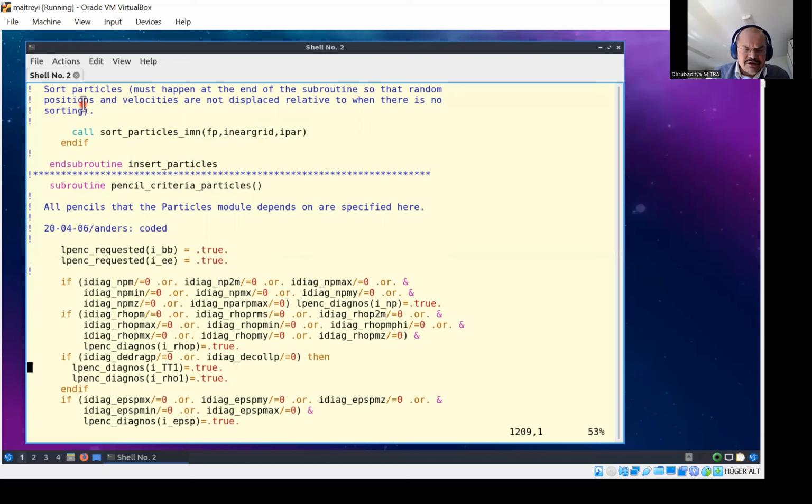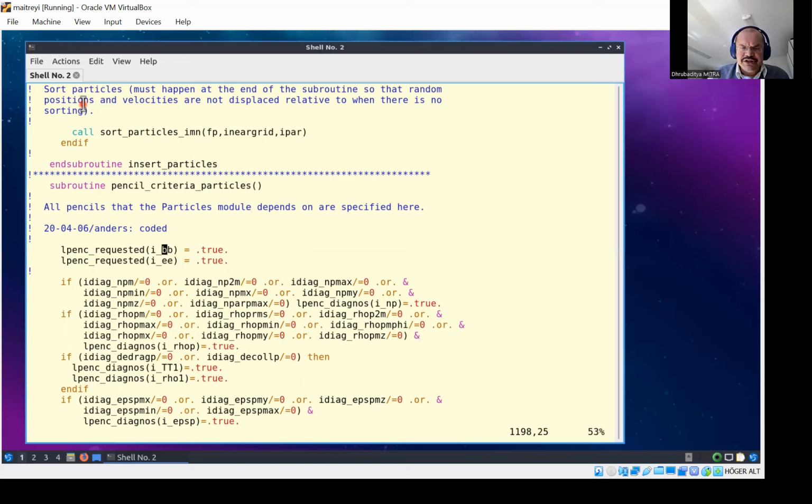To be able to calculate the evolution of one particle in the charged way, you need to be sure that the pencil that contains the magnetic field and the pencil that contains the electric field are actually being calculated. These are the parts in each of the subroutines which keep each other consistent. So here we are saying which kind of pencils are requested. These two are set to true.